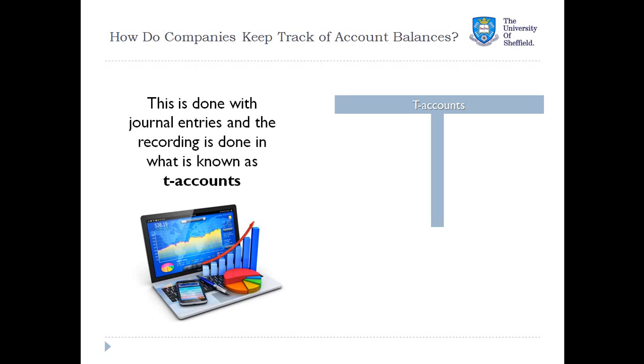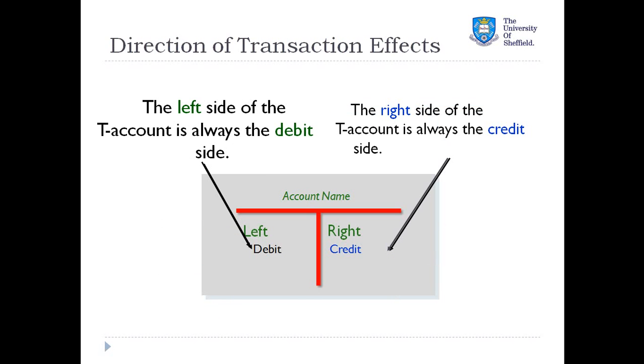So we have here a T account. It's actually called a T account because it has exactly this shape. So this T account is being used in order to record this dual effect of each of the accounting transactions.